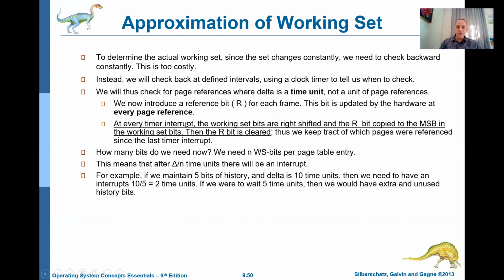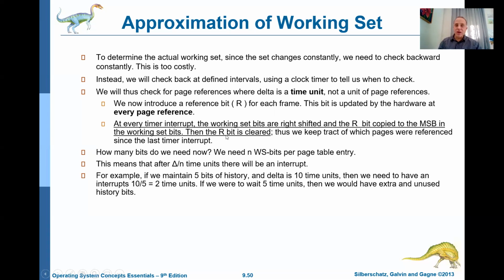Now, obviously, the more interrupts I have per minute, I'll have to do this more. If I have only 1 interrupt per minute, I'll do this very infrequently. And the more infrequently I'll do it, the more R bits there'll be, the more memory I'll have referenced. So then I'm copying them in, I right shifted to make space. Then I copied the R bit to the MSB in the set of working set bits.